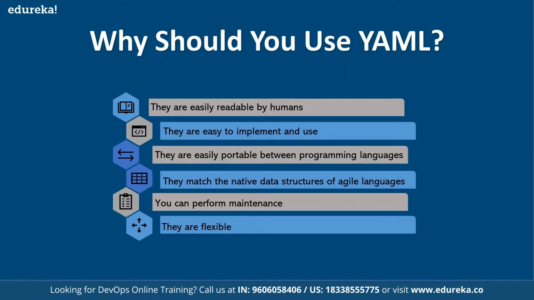They're easy to implement, and even while using them it's very easy for us, and they're easily portable between programming languages. And the best part is they match the native data structures of agile languages that we have out there. And YAML files have a consistent model to support generic tools.